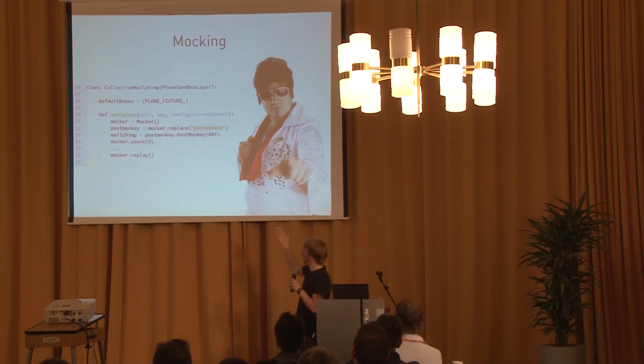So you have a postmonkey object, and then you can say, okay, if I call my postmonkey dot lists to give me back all my lists, then it will return a dict, right? So if you do that, you can write your tests easily, and you will test the right thing, right?